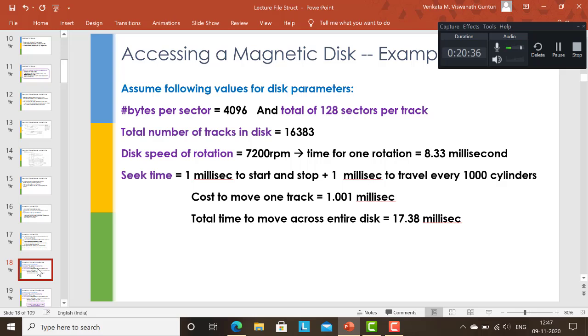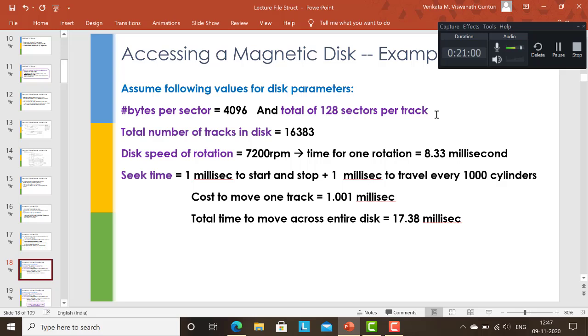Okay. So I took some numbers from one of your textbooks just to show how these things are, for an example. Let's assume the following parameters. One sector has 4096 bytes, and on an average we have 128 sectors per track.